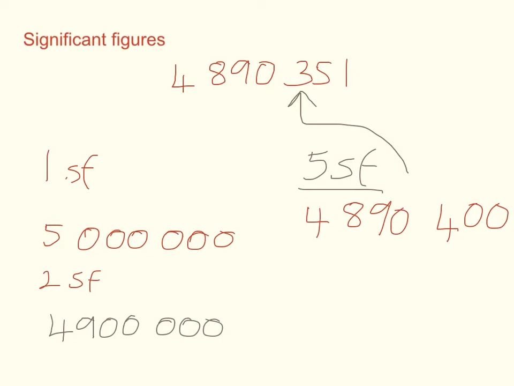So again, what I'd like you to do in class is have a look at rounding numbers to a certain number of significant figures. Some of these can be quite hard, so let's just have a quick one. 150.932.